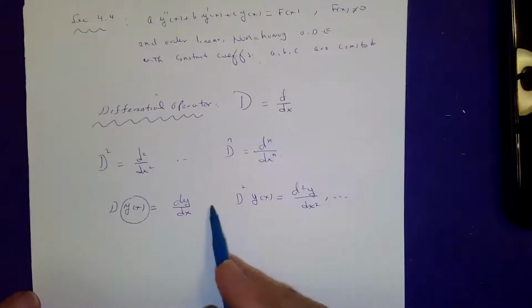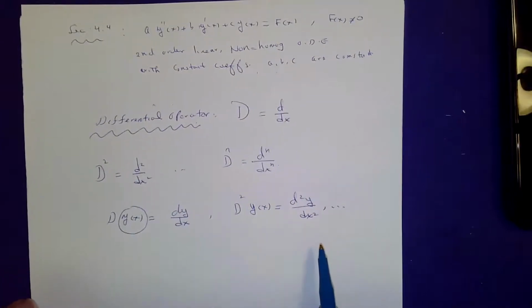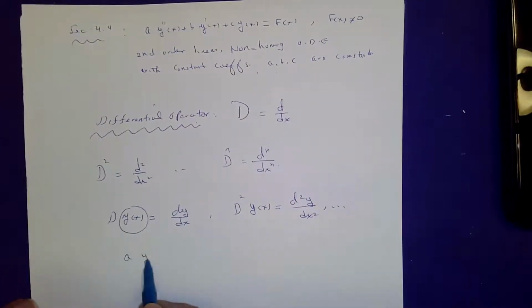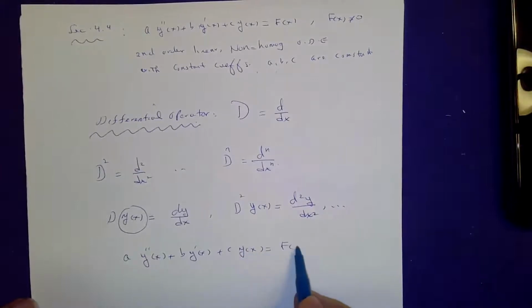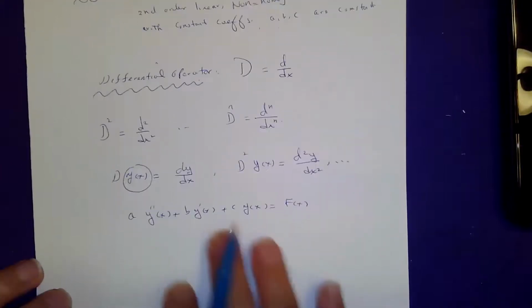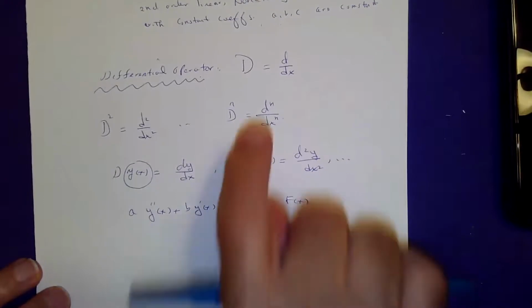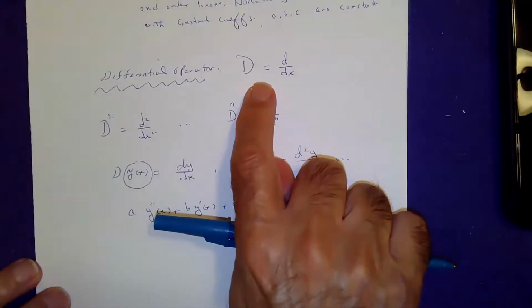So the question is, why do I care? Well, sometimes a y double prime of x plus b y prime of x plus c y of x equals f of x. Not just this, any differential equation can be written in operator form.